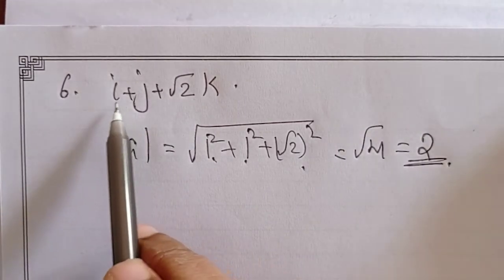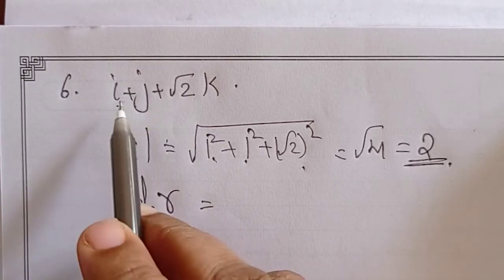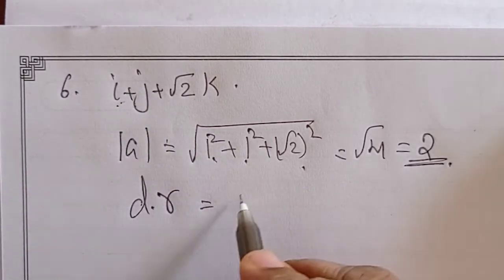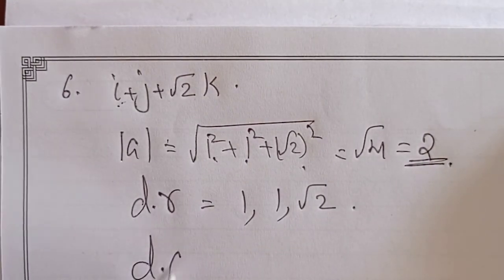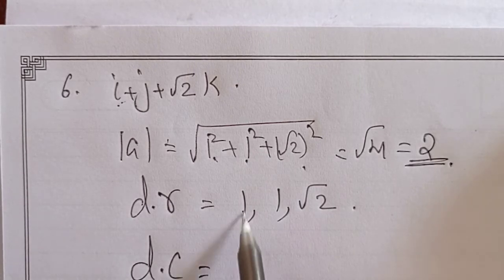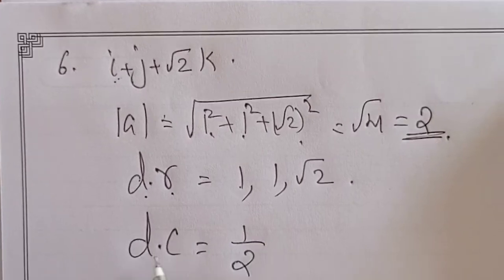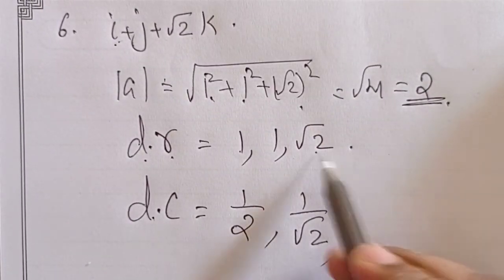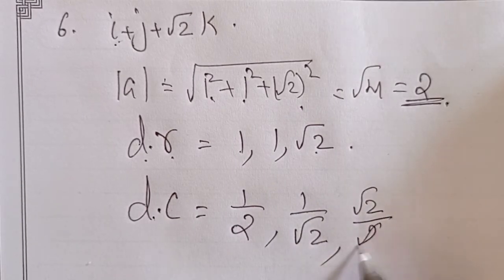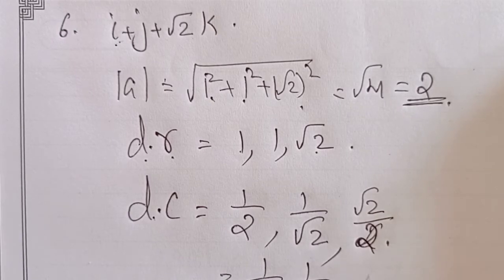And from this you can write the direction ratios. What are the direction ratios? Take the coefficients of i, j, k: 1, 1, root 2. But the direction cosines are 1 by 2, 1 by 2, root 2 by 2, which means 1 by 2, 1 by 2, 1 by root 2.